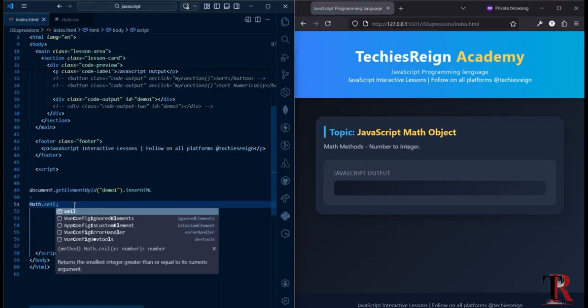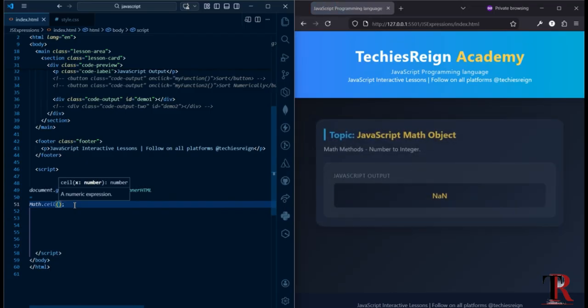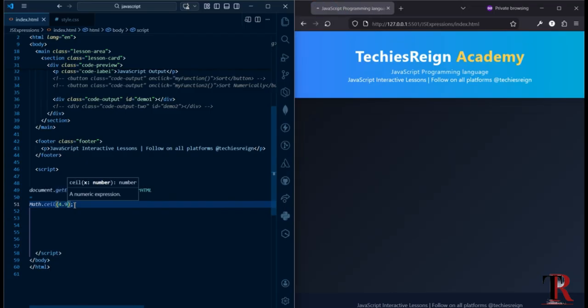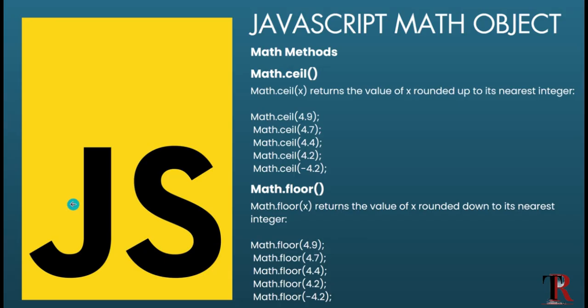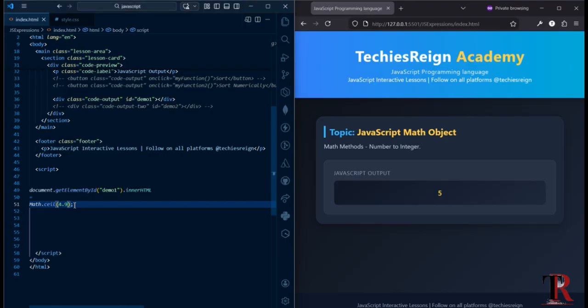So Math.ceil, and the first number is 4.9. Now you can see it rounded this up to 5, because its job is to round up to the nearest integer.